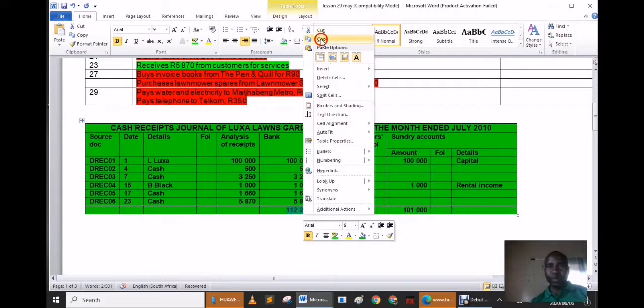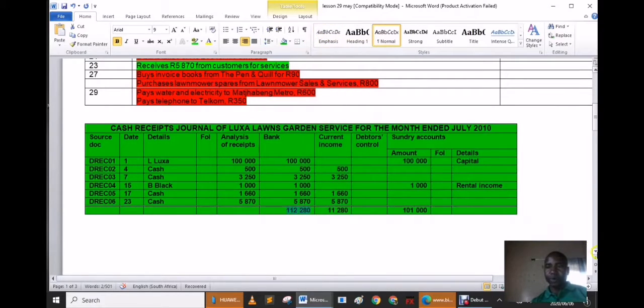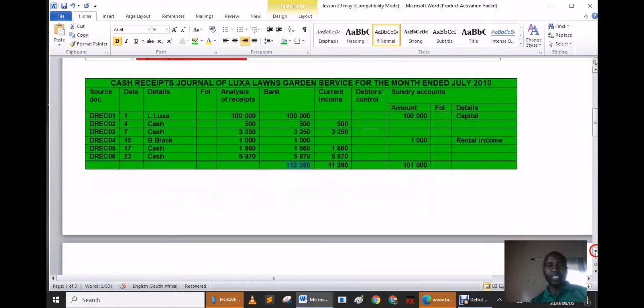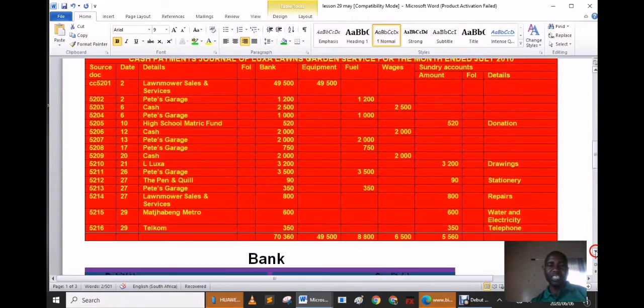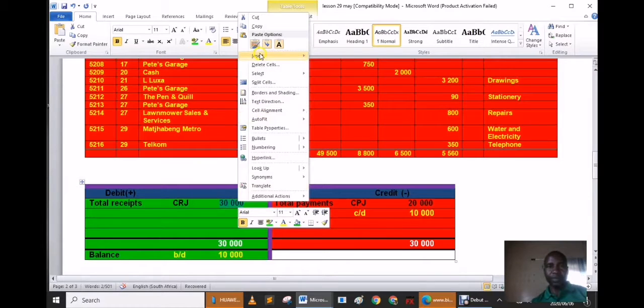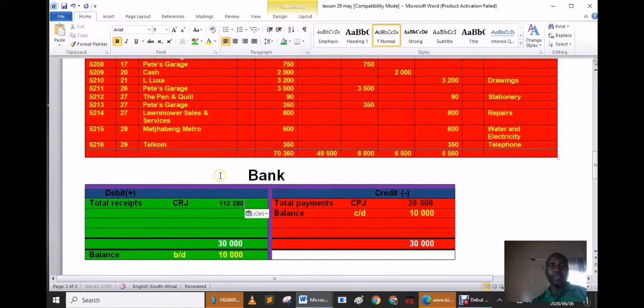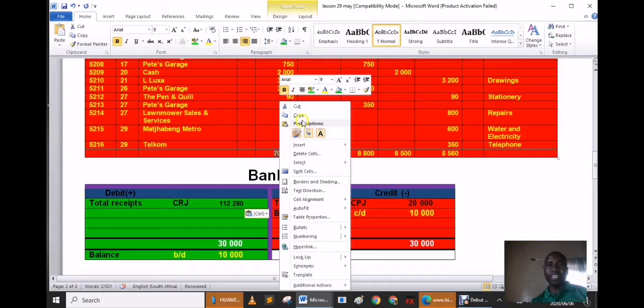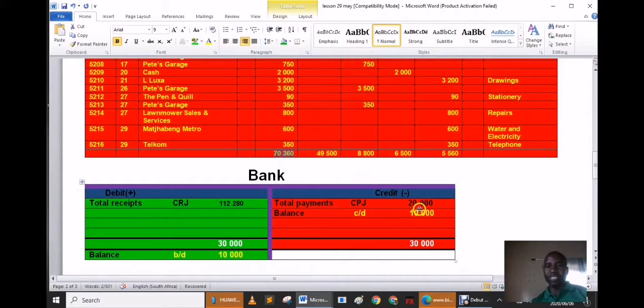I'm going to take that amount and post it to the bank account in the general ledger, which is here. So that's the amount that I got. I'm going to post it here. There you are, 112,308. Then from my CPJ, I have this amount, which I'm going to take and post it to the CPJ.